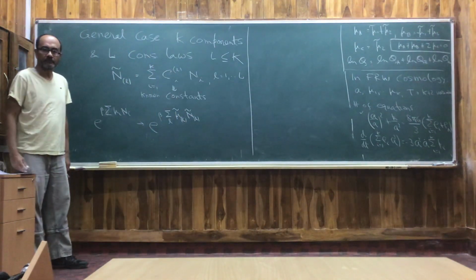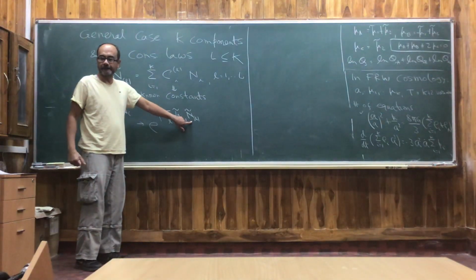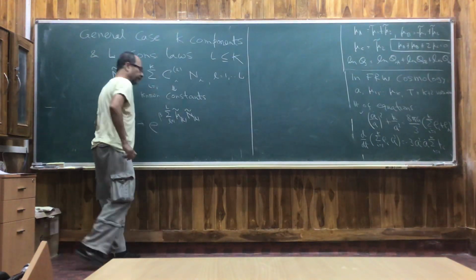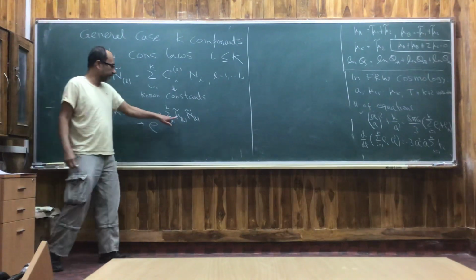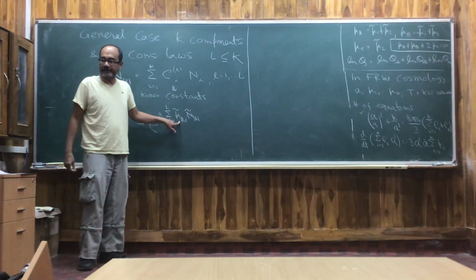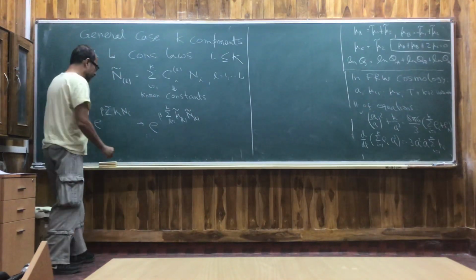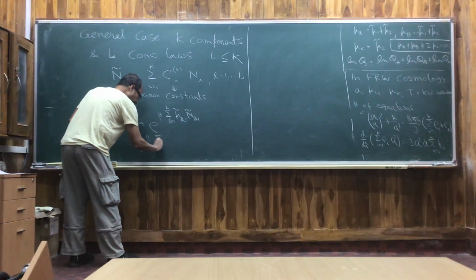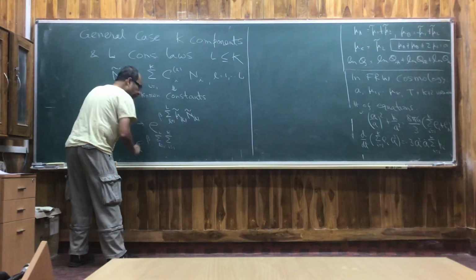Because we introduce chemical potential only for the conserved charges. Okay, this sum runs over L values. So there are L independent mu tilde L's instead of K. But of course, this I can rewrite as e to the power beta sum over L, sum over I. This sum over I runs from 1 to K, sum over L runs from 1 to L. And mu tilde L I just express like this.